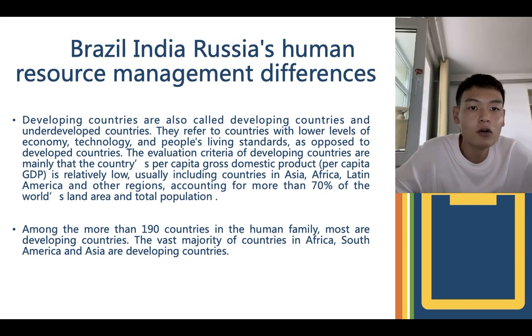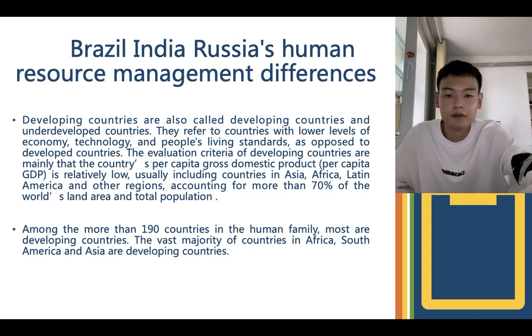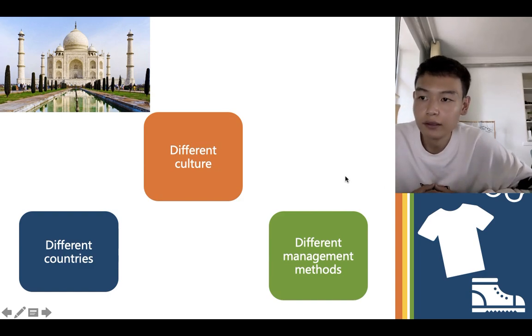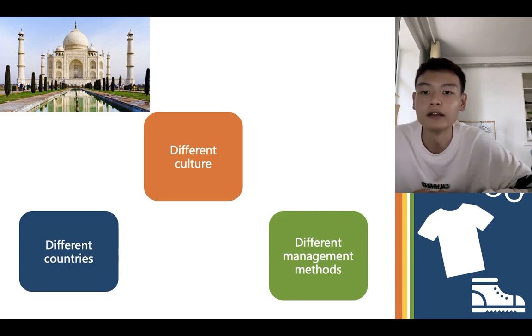Among the more than 119 countries in the human family, most are developing countries. The vast majority of countries in Africa, South America, and Asia are developing countries. And each country has a different culture and different management methods.